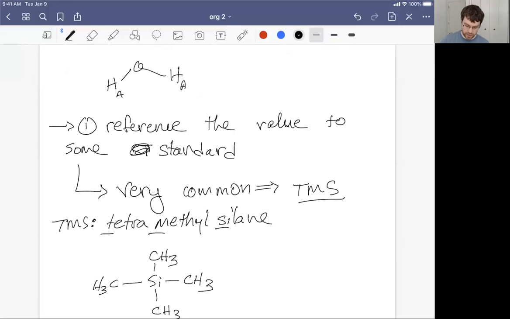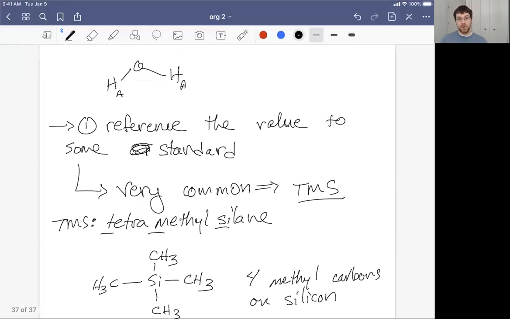Okay, so we have 4 methyls on silicon. Now a lot of times we buy our NMR solvents with some TMS already spiked into it, so we don't have to handle TMS directly.